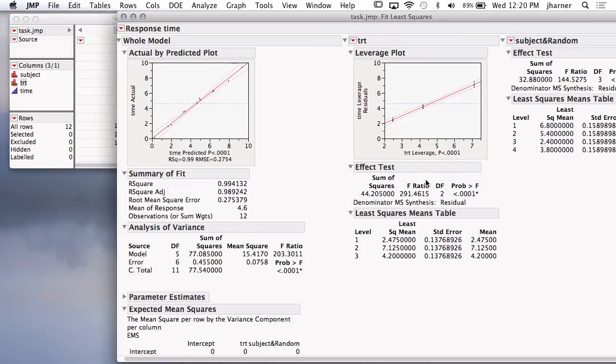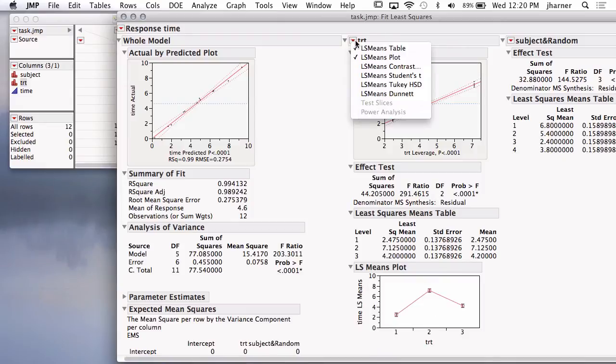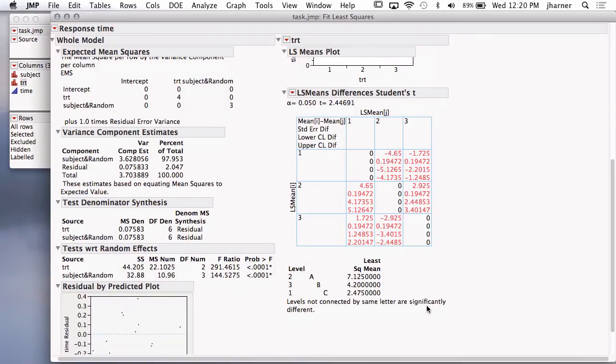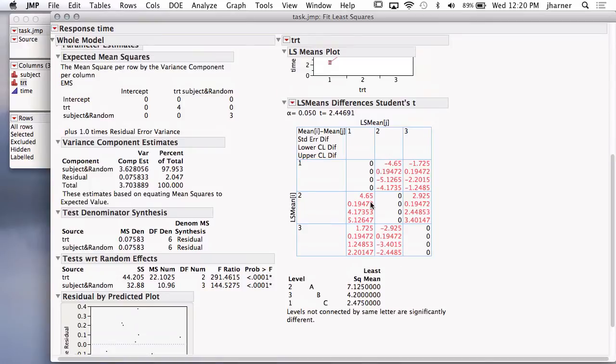Again, we have standard errors, and I could go in and get a least squares means plot. Okay, here's Student's t. What Student's t does is compute these differences, which we already did, and then it computes the standard error of the difference, 0.1947, and then it gives confidence intervals.